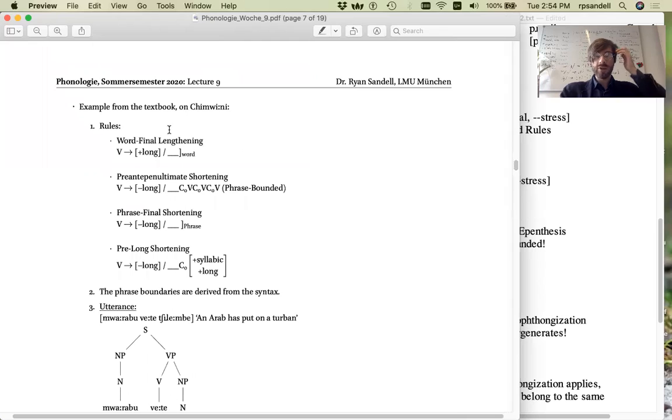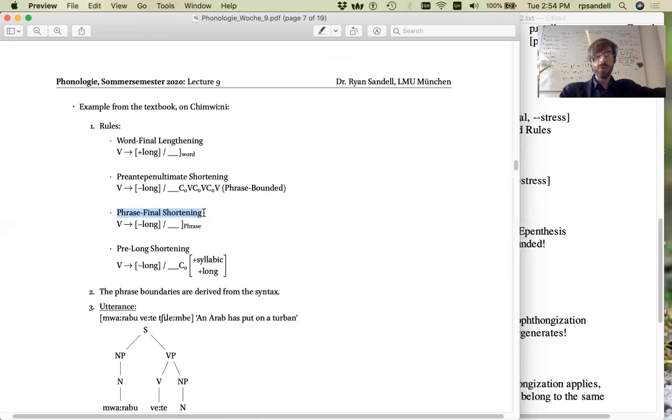So let's briefly describe the set of rules that are relevant here and the boundaries that they refer to. So there's a rule which lengthens a vowel at the right edge of a word, word final lengthening, and a rule which we will call pre-antepenultimate shortening, which shortens a vowel inside one phonological phrase if that vowel is followed by 3 further vowels.